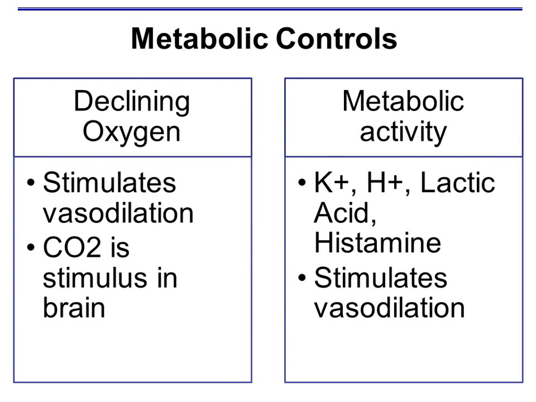So there's a few metabolic controls that help us do this. One of the stimulation is a drop in oxygen. When oxygen levels in a tissue drop, that's detected just locally in the arteriole, and it automatically stimulates vasodilation. That makes sense because if oxygen levels drop, that means this tissue is metabolically active.